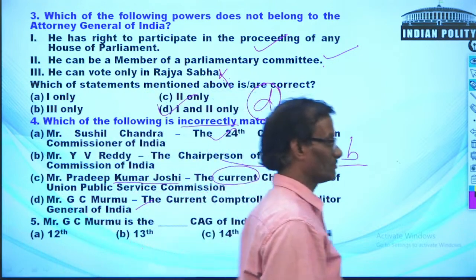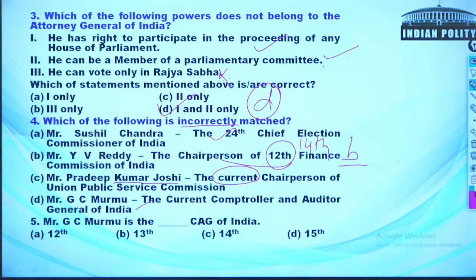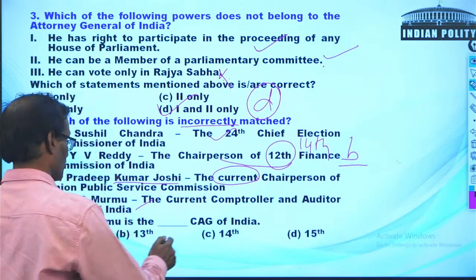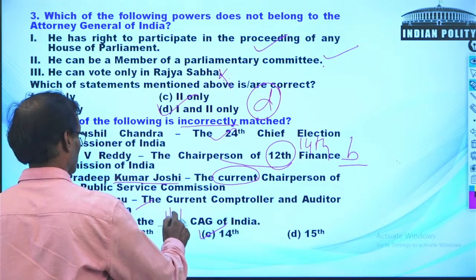Okay. Kindly take a note of this. So Girish Chandra Murmu is the 14th Comptroller Auditor General of India after independence.